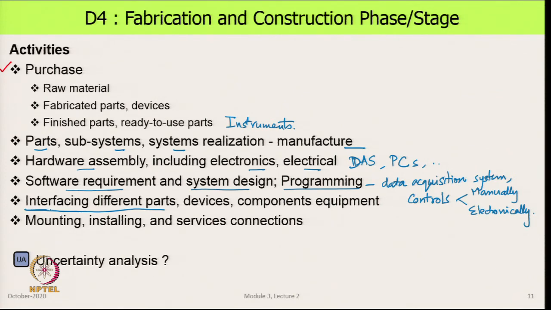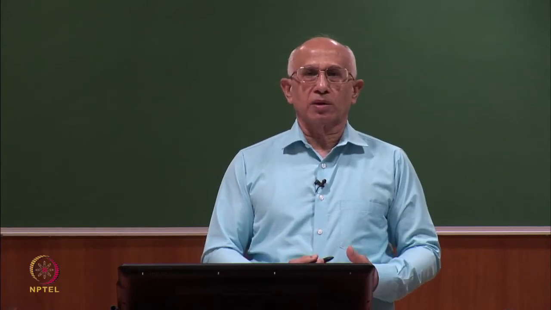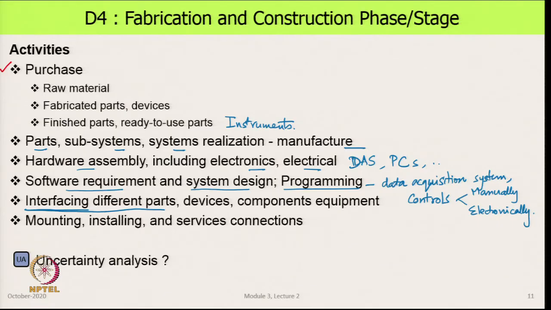The key word here is interfacing, where we have to make sure that a part which has come either as a bought out part which we are ready to use, or a part which we have made, or a part which is half and half of that, all of them have to harmoniously fit together and talk to each other. This calls for a lot of coordination.